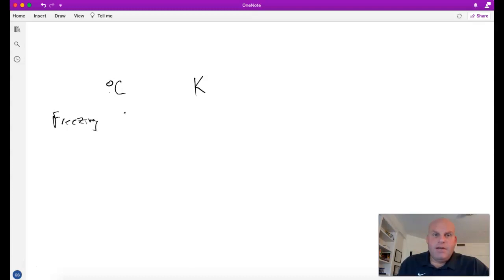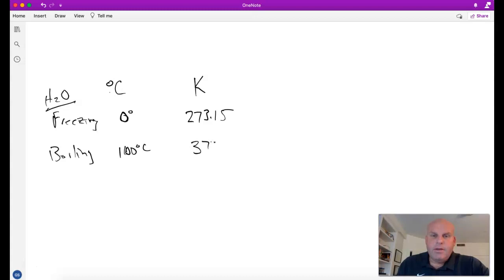The freezing point in Celsius is 0 degrees. This is again of water, if you recall. That's what we use for our reference temperature values. And for Kelvin, it's 273.15. The boiling point temperature of water is 100 degrees Celsius and 373.15.